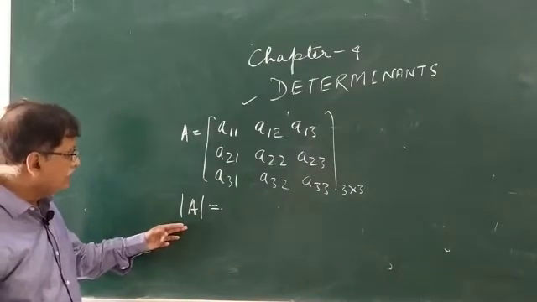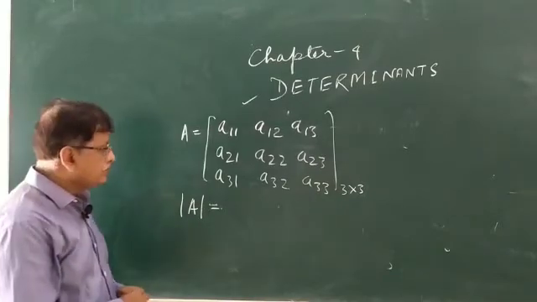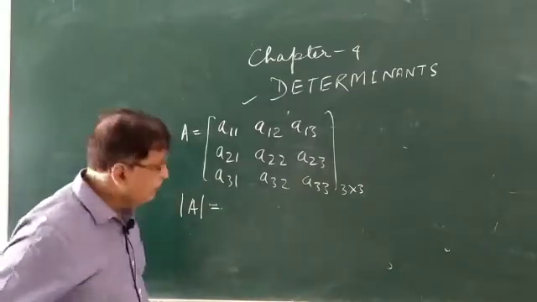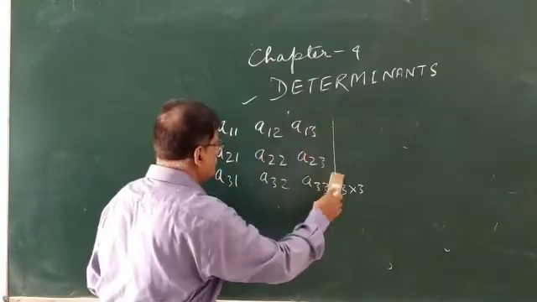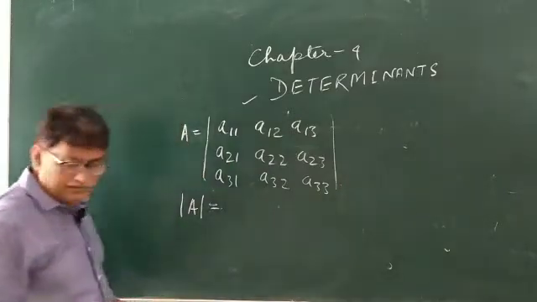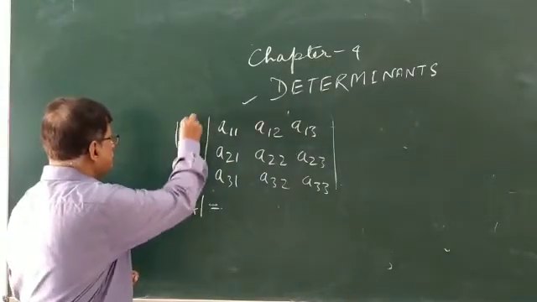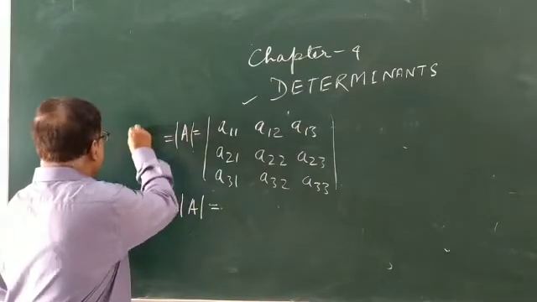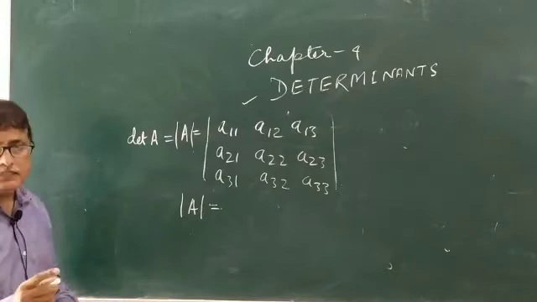And what is the way to find the determinant? Now it is determinant A, order 3 by 3.